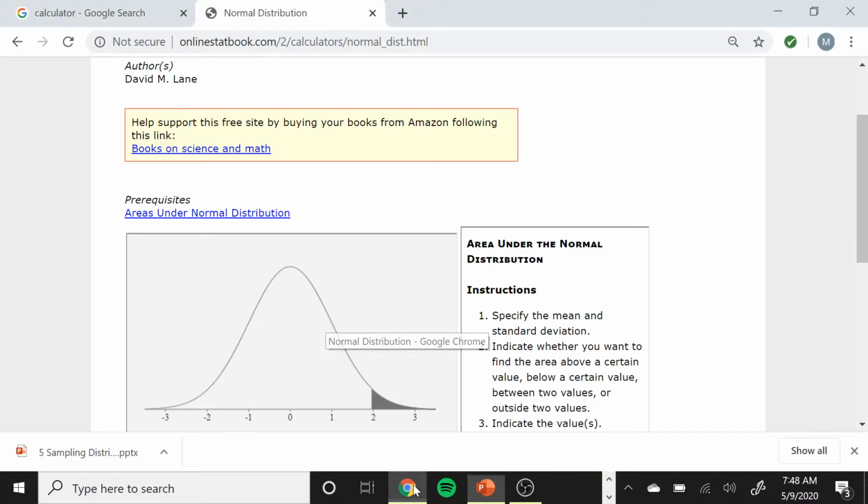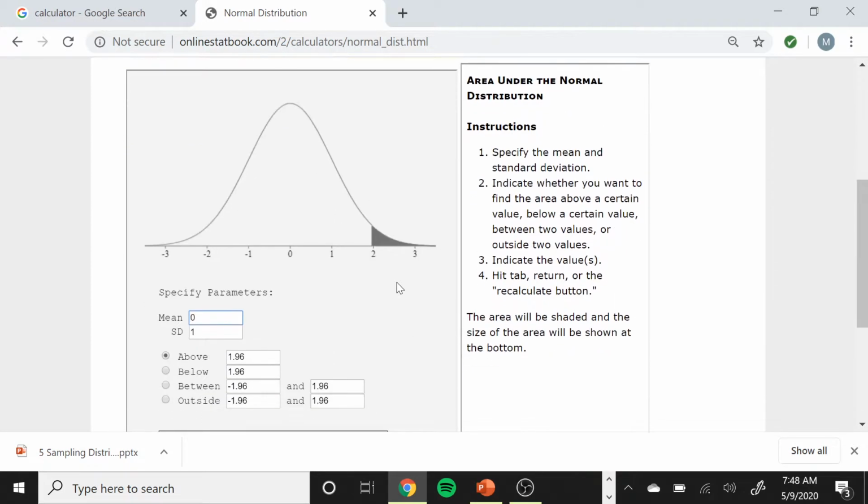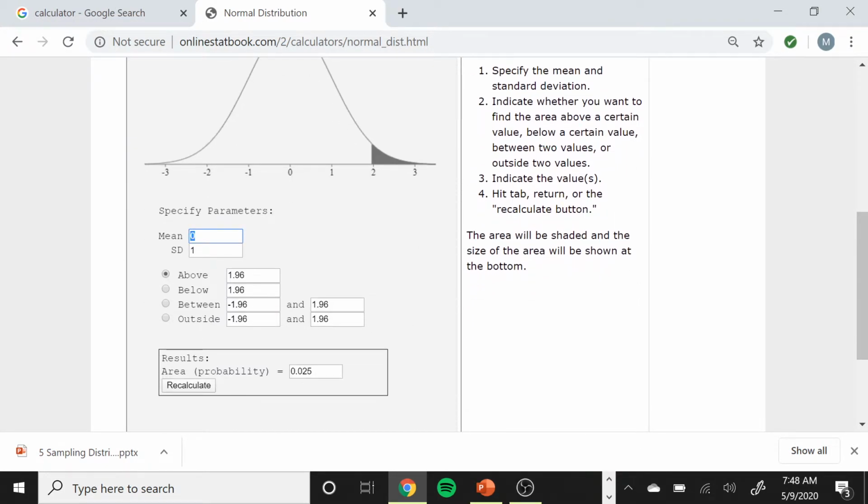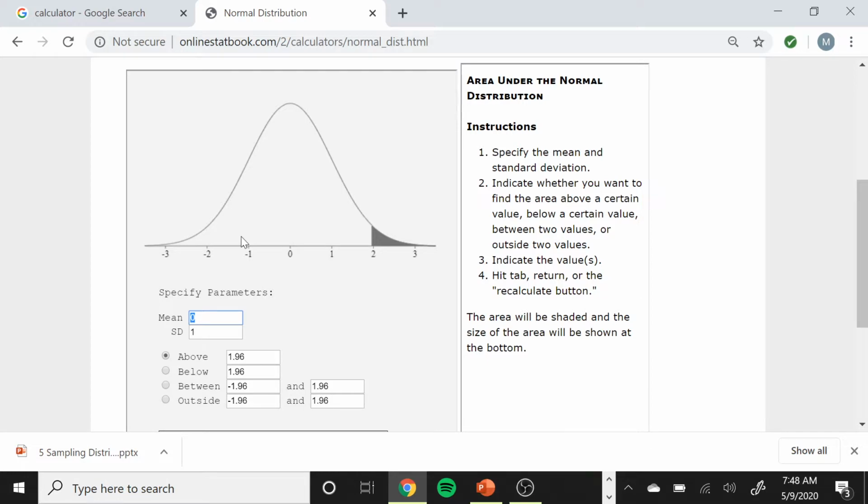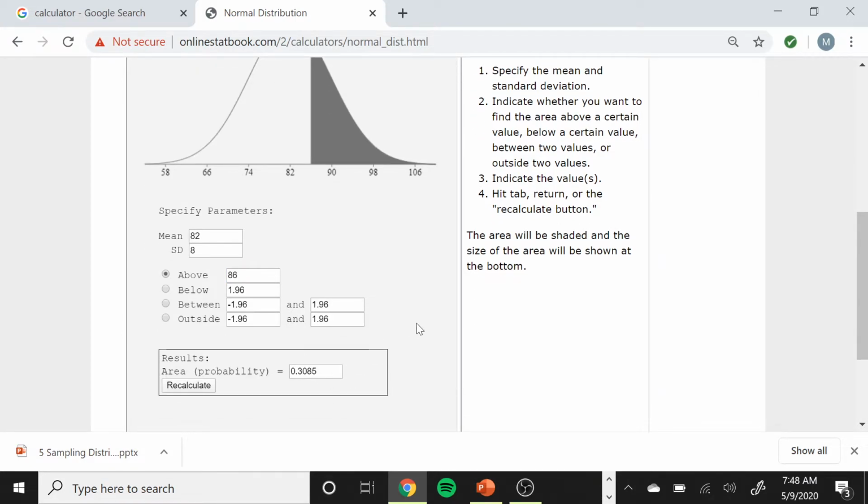How likely is that to happen? Using the normal distribution, we could easily model this. This is very similar to the questions we had done before. So we'll put in 82, and we'll put our standard deviation in here of 8. And we want to know how likely is 86 or more, for example? As you can see, that's pretty likely.